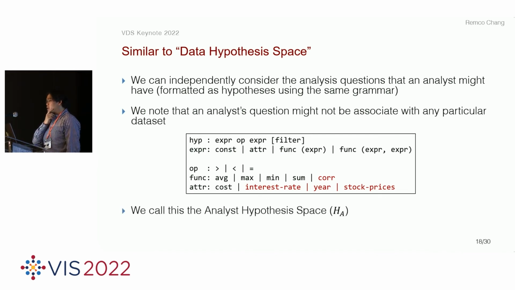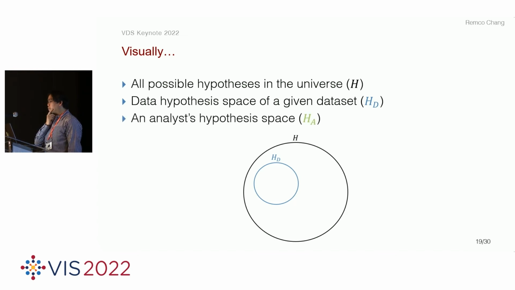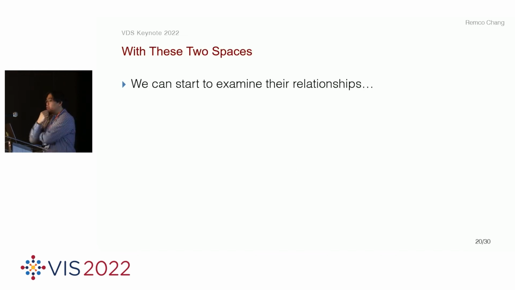We're going to call this hypothesis space, as described by this grammar, the analyst hypothesis space, and it's denoted as H of A. Now going back to our little diagram, I have the big hypothesis space H, I have a subspace H of D, and now I'm adding this analyst hypothesis space, H of A. With these two spaces, we can already start to reason about them in interesting ways.